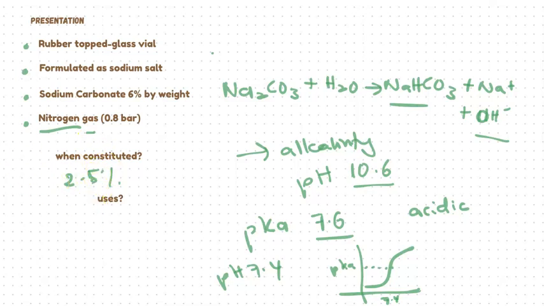Next, what are some of the uses of sodium thiopental? In our case, we always use it for general anesthesia, and in my practice, we always use it for obstetric anesthesia. We can also use it for refractory status epilepticus.